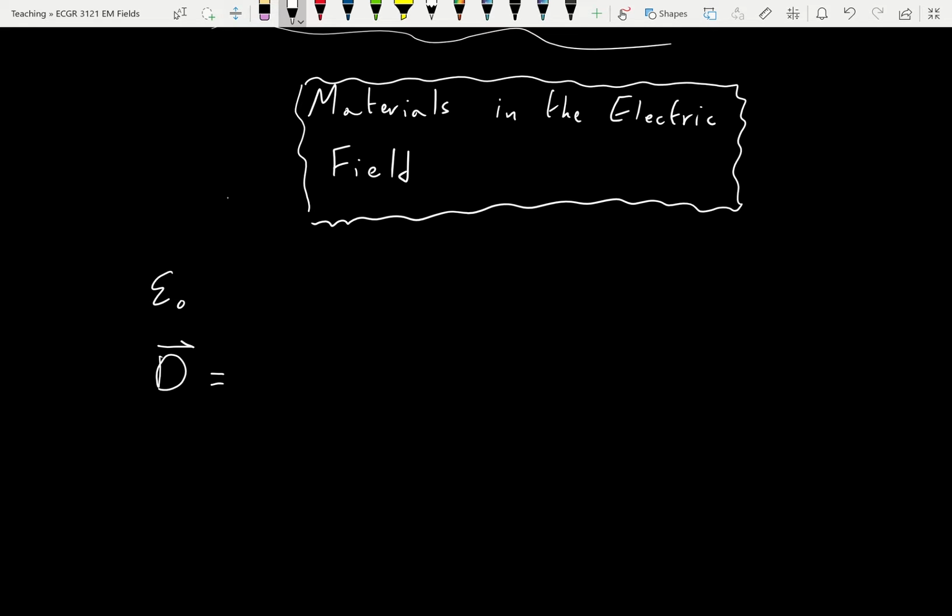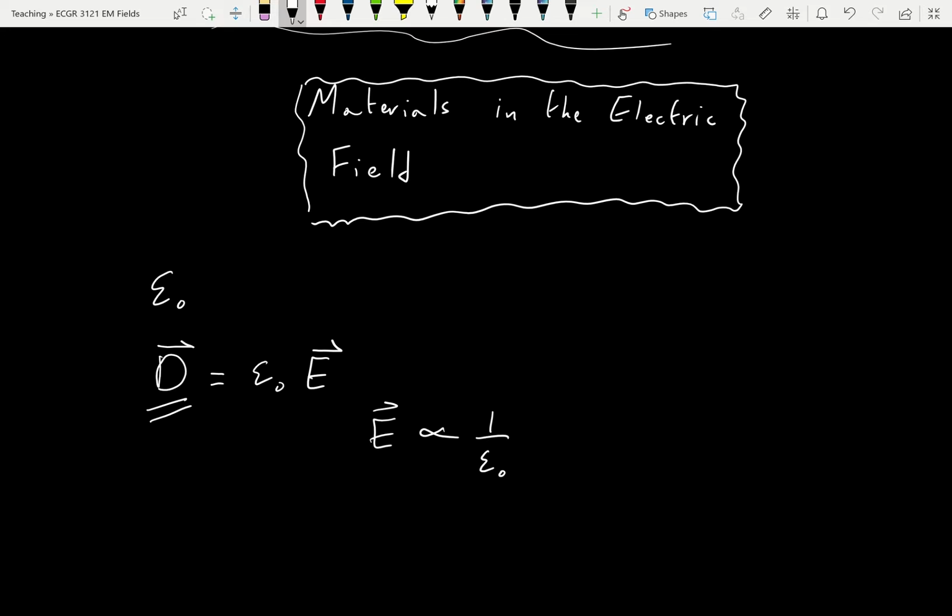So D equals epsilon naught E, right? D is the field that does not depend on the material, because remember, E is proportional to 1 over epsilon naught. It has 1 over epsilon naught in whatever equation you have that expresses E. So when I multiply it by epsilon naught, I get D, which is a flux density field that does not depend on the material.